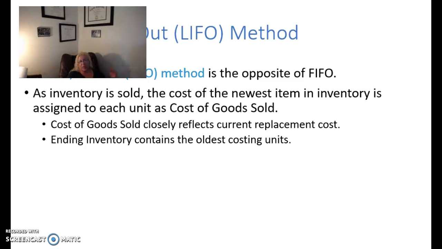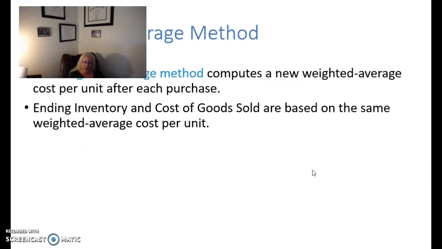And so when we put that into our cost of goods sold, it tends to inflate the cost of goods sold. Okay, so the LIFO and FIFO have that opposite effect on each other. And businesses just have to decide which is best for them. And of course, there are some IRS rules about what you can and cannot do and whether you can switch back and forth. But we'll get more into that as you get into the chapter.